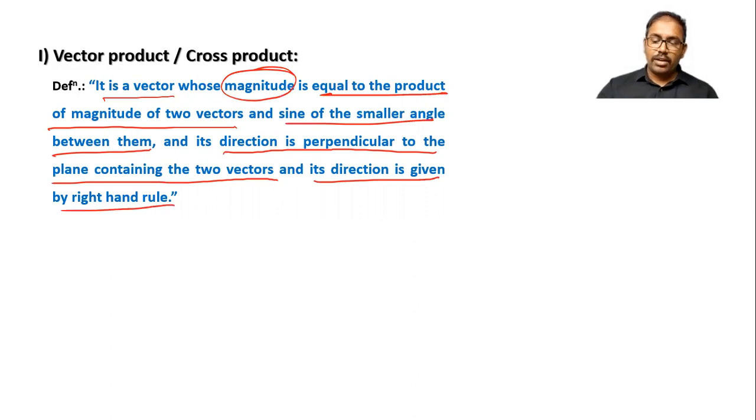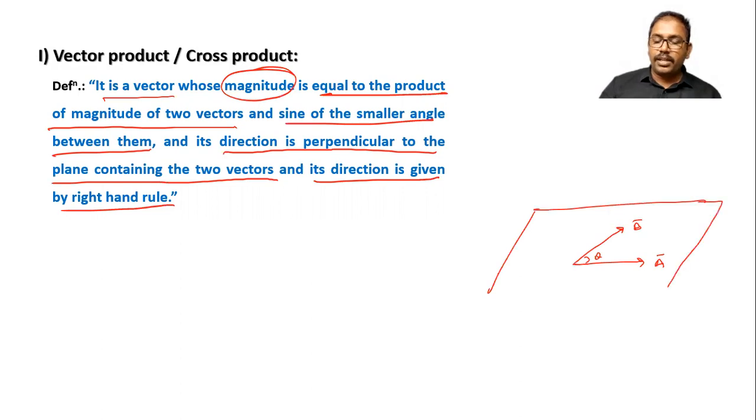Its direction is given by the right hand rule. For example, if I consider this is A bar, this is B bar, and this is the angle between A and B. Now this is the plane in which A and B lie. Then A bar cross B bar is a vector, and its direction is given by the right hand. You can apply the right hand rule like this.